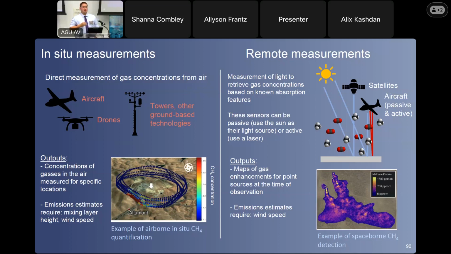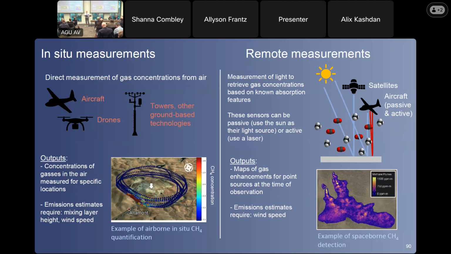There are also remote sensing technologies that measure light and its interactions with greenhouse gases. There are active systems that use light, like a laser, as a light source, and passive systems that use the sun, as an example. These technologies output two-dimensional maps of plumes. What I'm showing in the right-hand figure is a set of methane plumes from Turkmenistan observed from EMIT. And we can ultimately estimate emission rates from this type of imagery if we incorporate wind speeds.